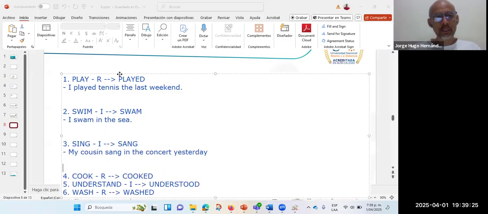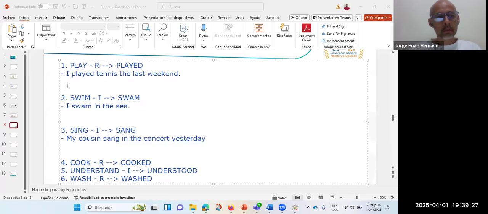Now, we are going to add something else. In present, we make negative sentences using don't. You remember? For example, I don't like, I don't eat, I don't swim, I don't sing, I don't play, no?